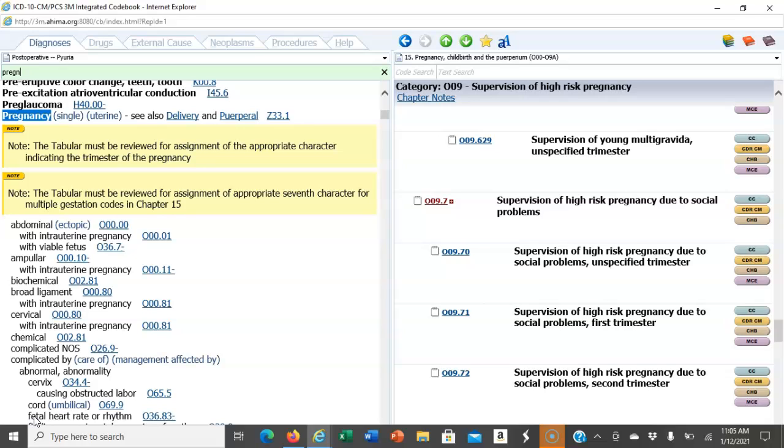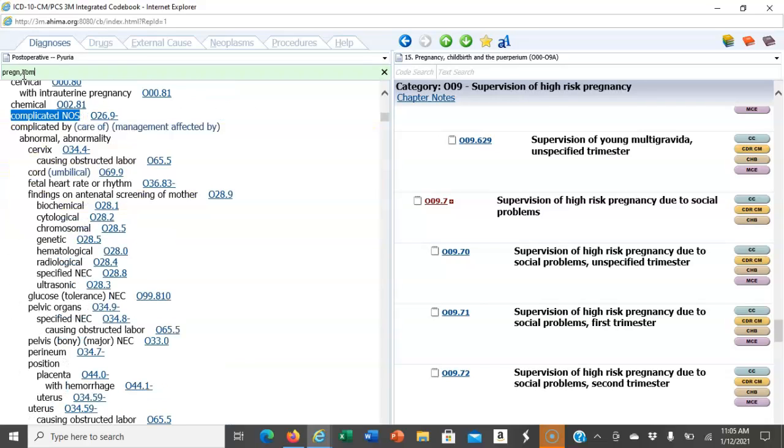So let's start using the index, and let's look for some codes. Now I'm going to tell you that if I go to pregnancy complicated by large, we won't find anything.